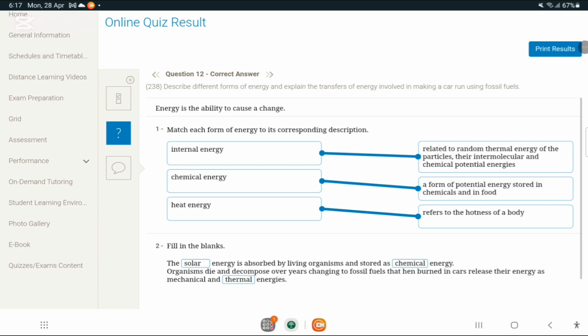The solar energy is absorbed by living organisms and stored as chemical energy. Organisms die and decompose over years, changing to fossil fuels, and when burned in cars release their energy as mechanical and thermal energy. Here they said the solar energy is absorbed by living organisms, plants, and it's stored as chemical energy.